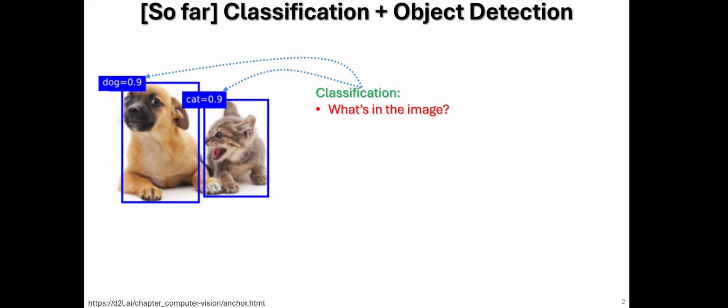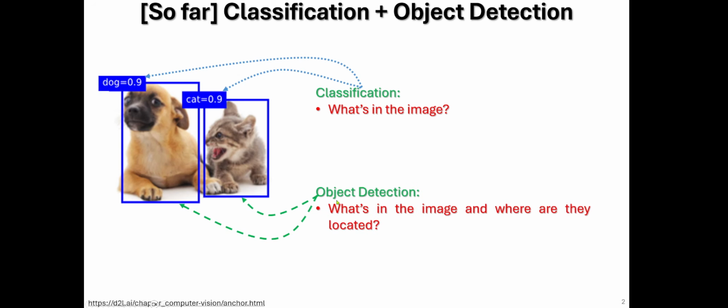So you have the probabilities for whatever number of classes that you're looking at, and you're just saying the probability that you can find that particular class in that image, which is basically what classification is all about.